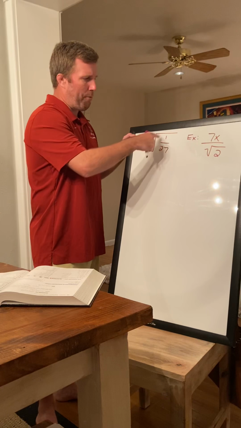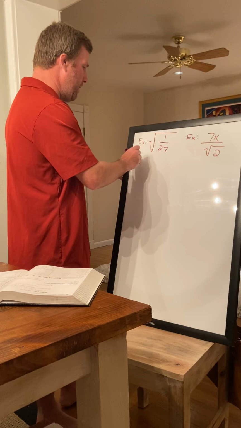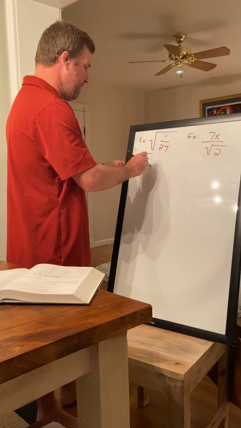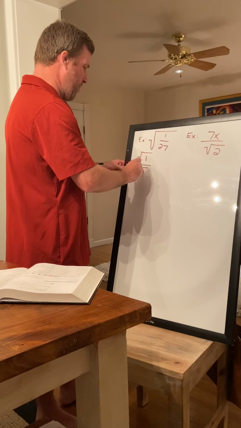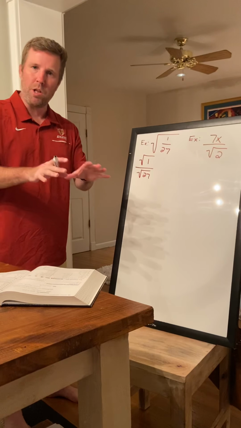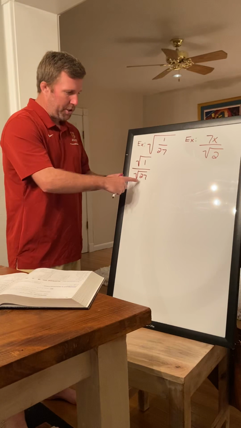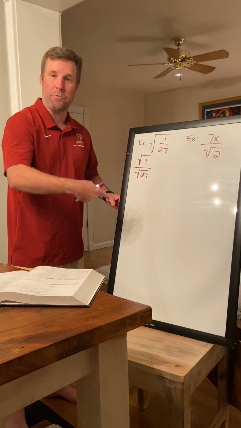This first one, we have a fraction underneath the radical again. So let's use our quotient rule and make it the square root of 1 over the square root of 27. Let's not multiply each by the square root of 27 because the square root of 27 can be simplified.